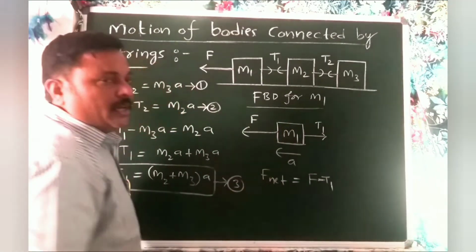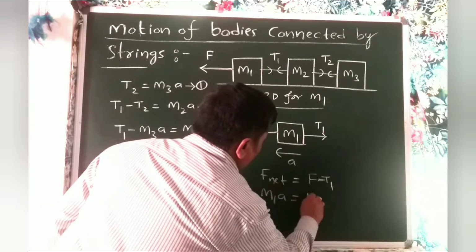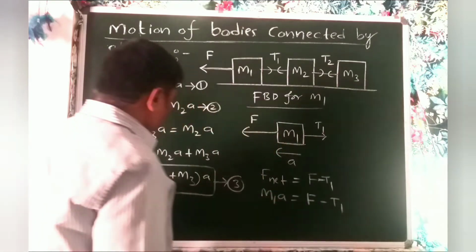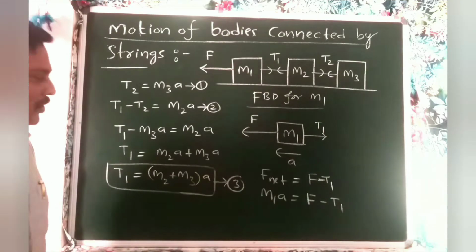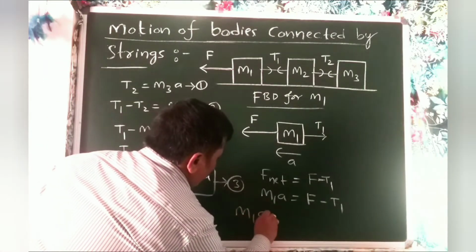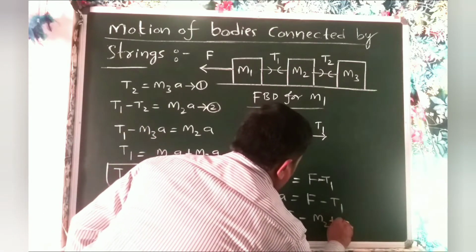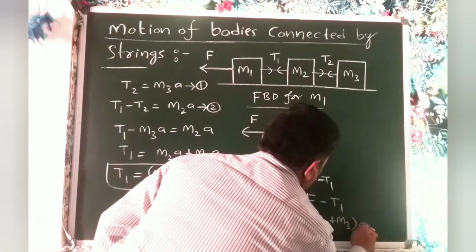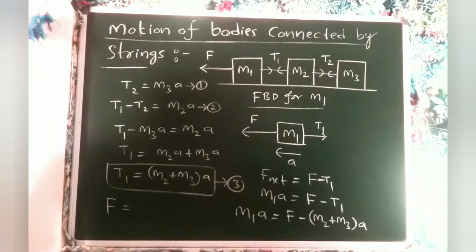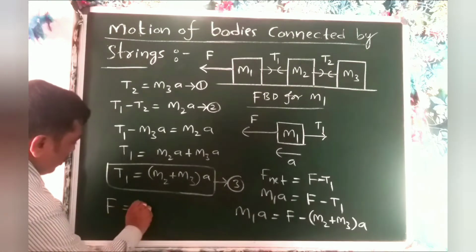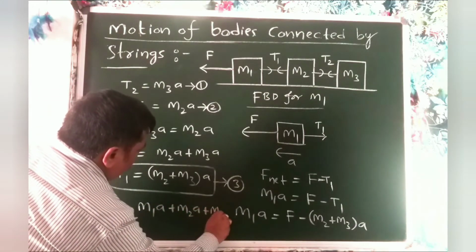Next, what is F net here? According to Newton's second law, M1A is equal to F minus T1. Already we got T1, so substitute T1 in this equation. M1A is equal to F minus (M2 plus M3) into A. From this equation, the applied force F is equal to M1A plus M2A plus M3A.